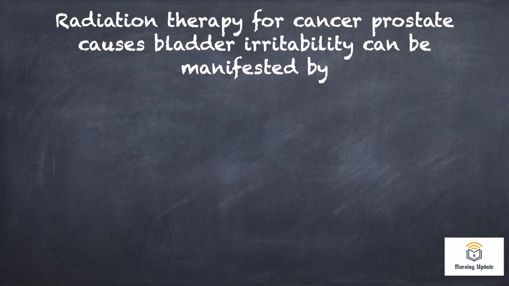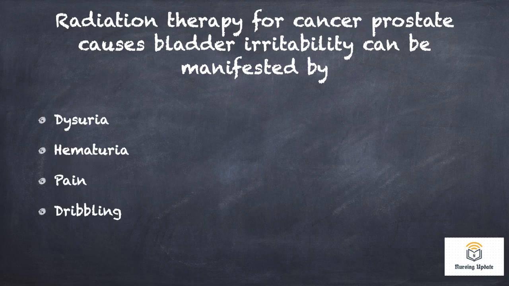The answer is dysuria. Another option is hematuria. Why didn't I choose hematuria? Because in cancer prostate, painless hematuria is the clinical symptom. The patient will have that symptom, but after radiation therapy, the patient is developing bladder irritability, which means the patient will manifest dysuria.